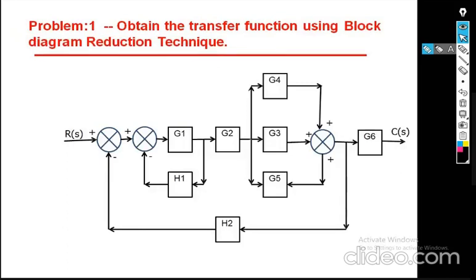It is given like this: obtain the transfer function using the block diagram reduction technique. Now this block consists of a number of blocks. What I need to do is find out a single block like this, with input R of S and output C of S, then I will get the same thing, the transfer function. What is the transfer function?